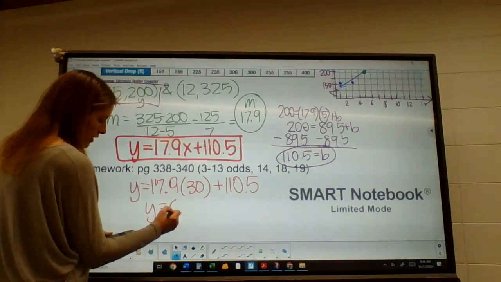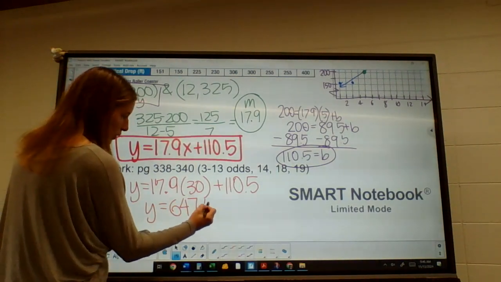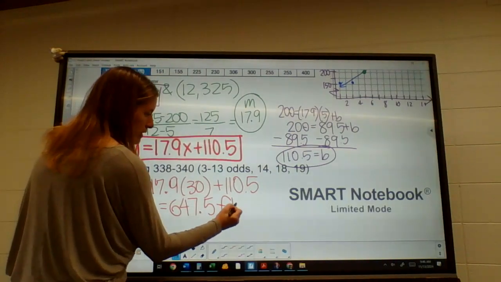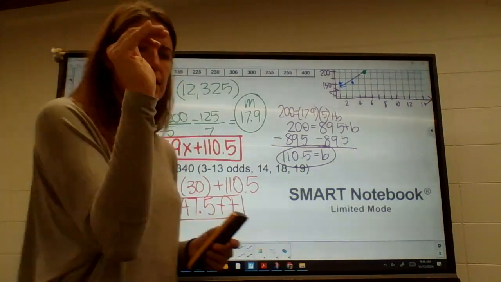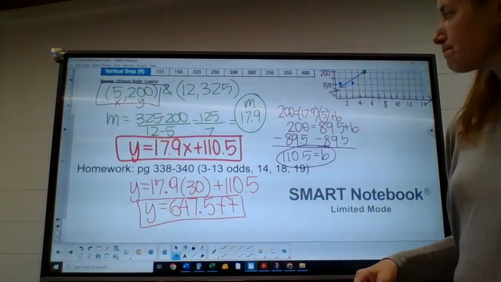So after 30 years, the highest roller coaster should be this. I have no idea what the highest roller coaster is now, but that would be the prediction if this data continued on the way it did.